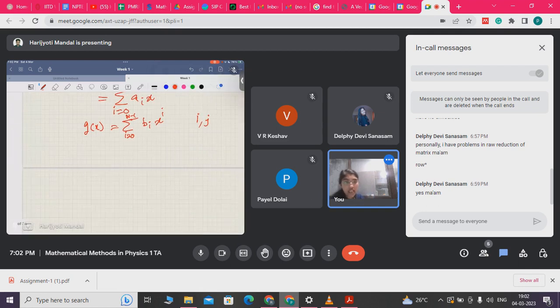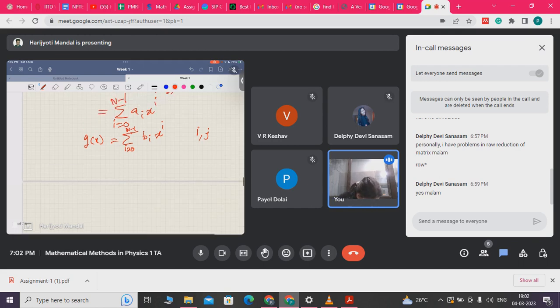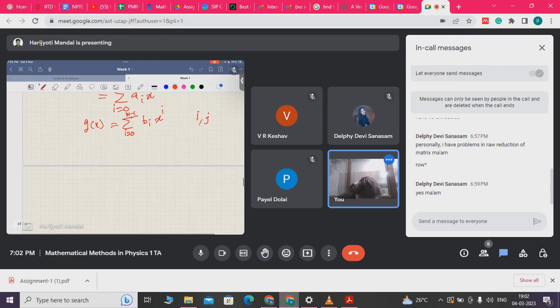Here you can also write j. These i, j are all dummy indices. It doesn't matter whether you call it i, j, l, m, p, q, whatever else. All i start from 0 and end at n minus 1.